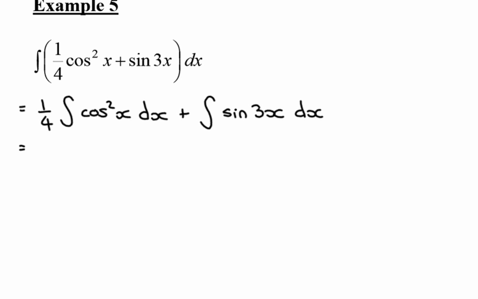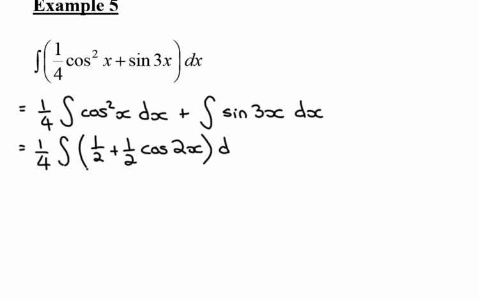So I'm going to rewrite that. There's my quarter. I'm integrating a half plus a half cos 2x with respect to x. Then I'm going to look at the integral of sine 3x.